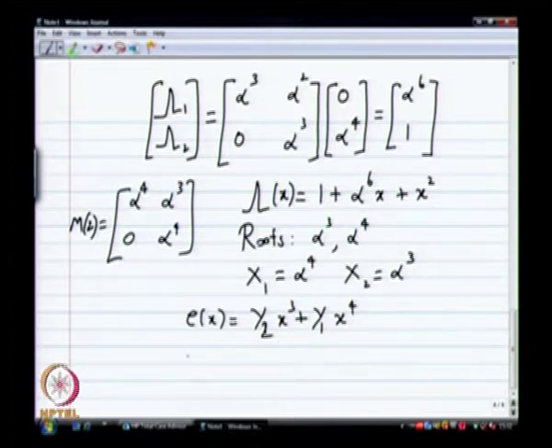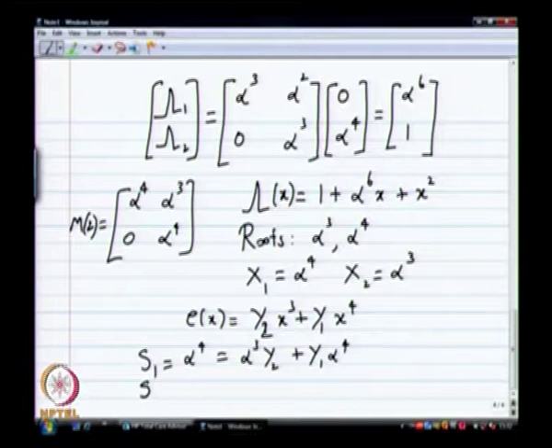So, S1 which was alpha power 4 was actually equal to, instead of x I should put alpha here, alpha power 3 y2 plus y1 alpha power 4, okay, and S2 which was again alpha power 4 is equal to alpha power 6 y2 plus alpha power 3 y1 alpha.